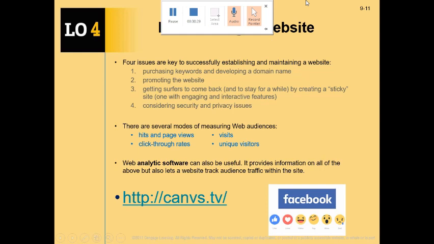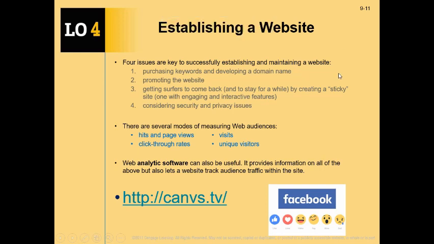In terms of establishing a website, there are four issues that have to be managed in a successful way to establish and maintain a website. The first one is the keywords that will be linked or associated to your website.